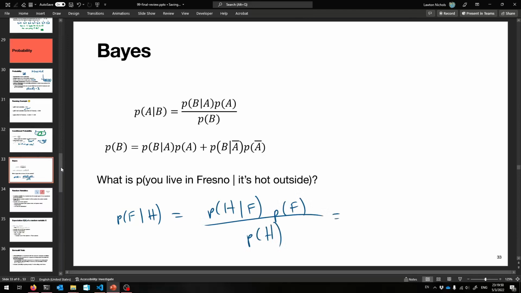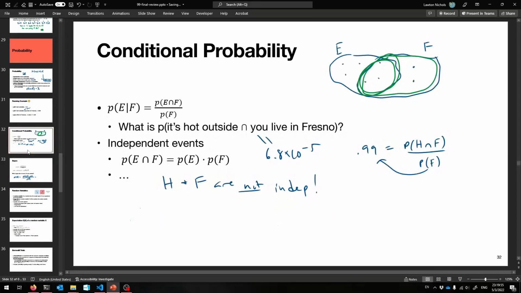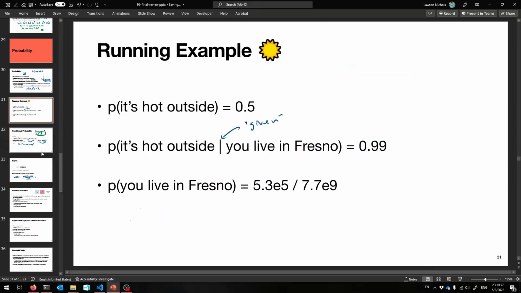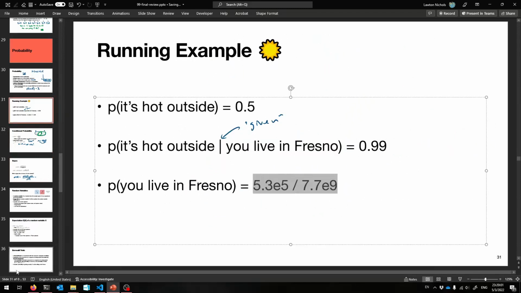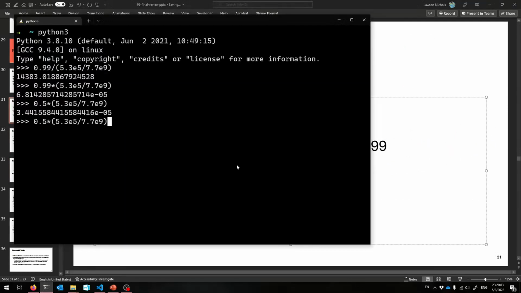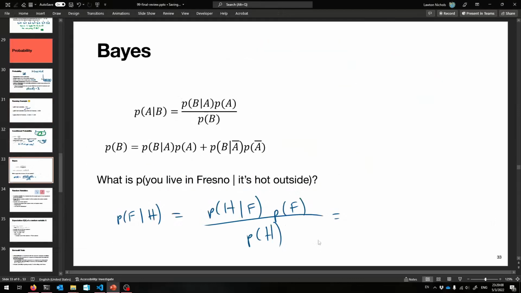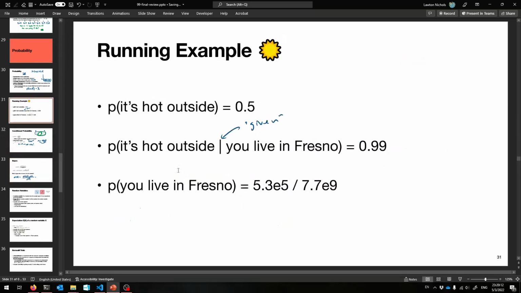So let's try and calculate that. So that's the probability of the first thing, so that's this one, times the probability that you live in Fresno. Oh, sorry, yeah. That was the probability that you live in Fresno.